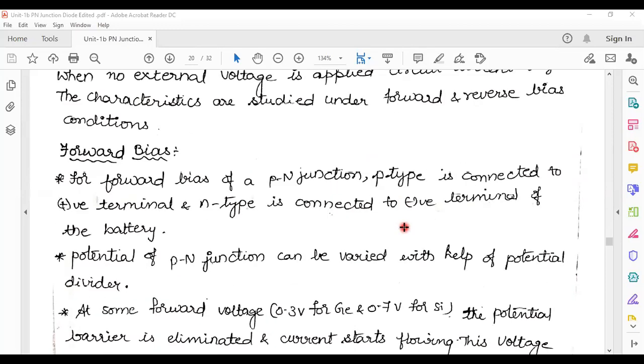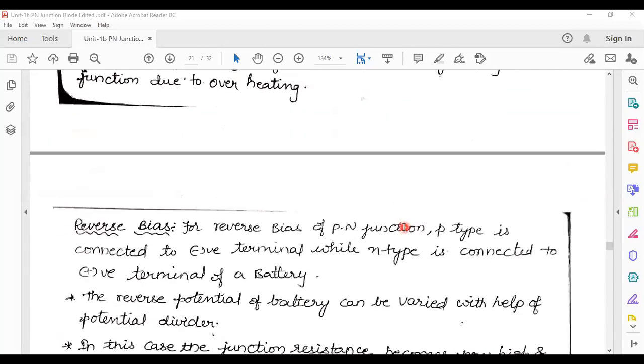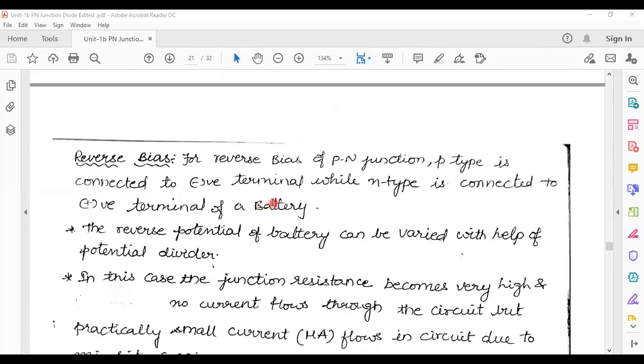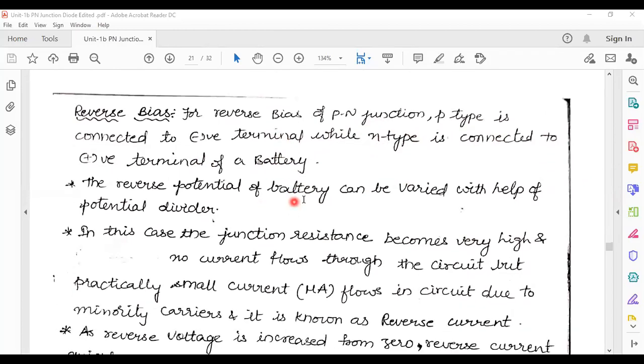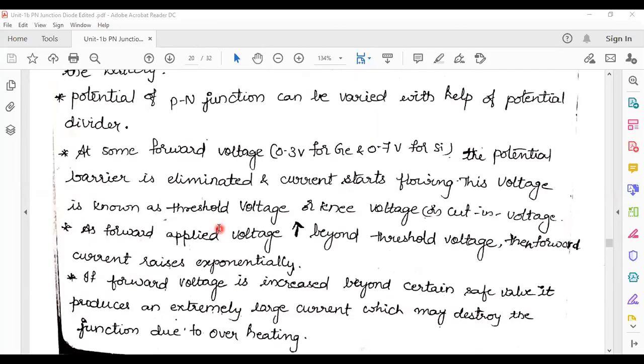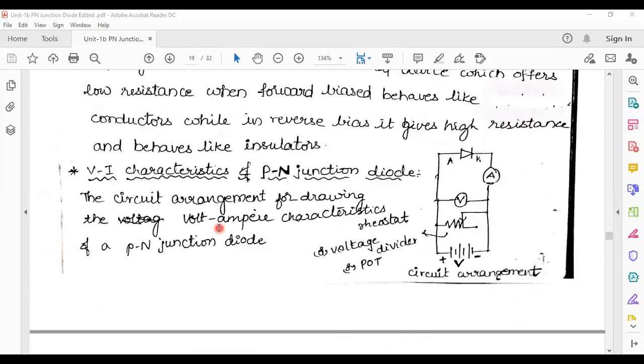In the reverse bias condition, for reverse bias of a PN junction diode, P type is connected to the negative terminal while N type is connected to the positive terminal of the battery. The reverse potential of the battery can be varied with the help of a potential divider. Again, variation can be done with this potentiometer.